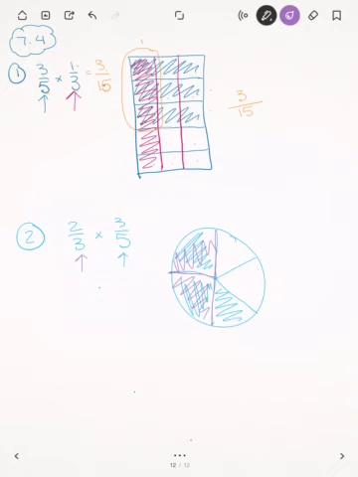Okay, so you can see out of what is overlapping is 2 out of the 5, right? I have 5 pieces total. Two are overlapping. So that means 2/3 times 3/5 is 2/5.